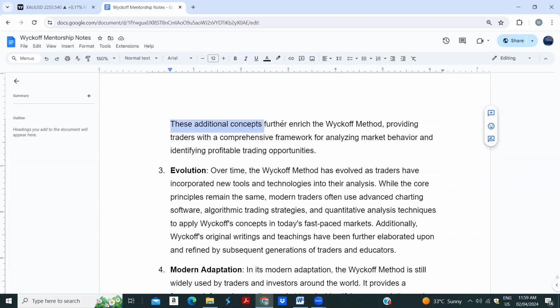These additional concepts further enrich the Wyckoff method, providing traders with a comprehensive framework for analyzing market behavior and identifying profitable trading opportunities.